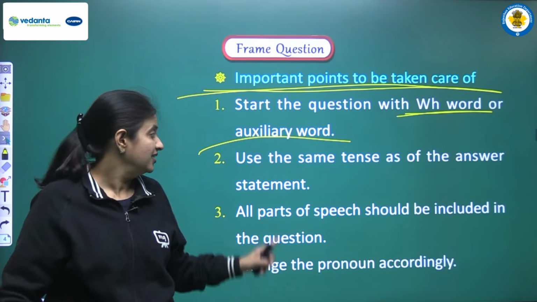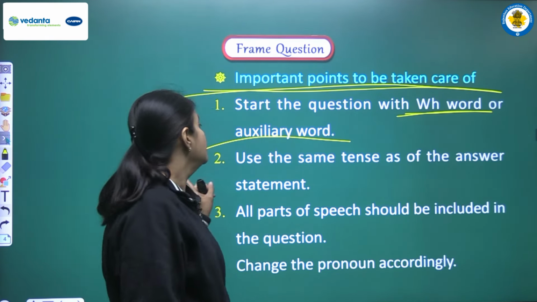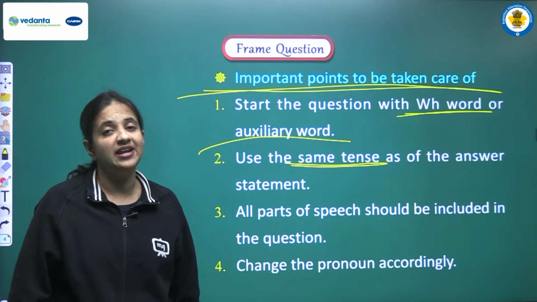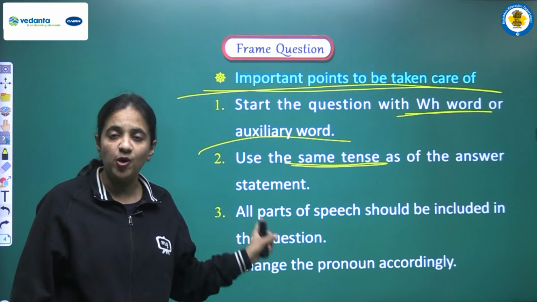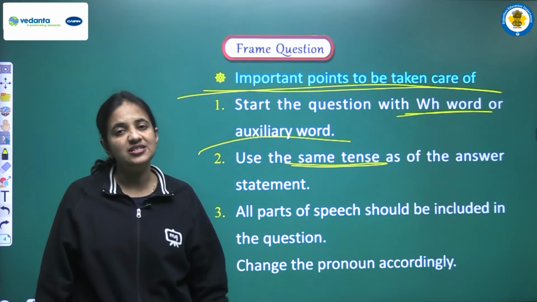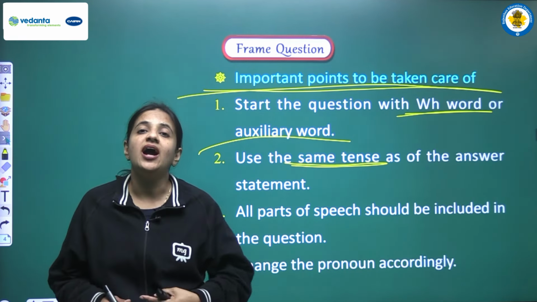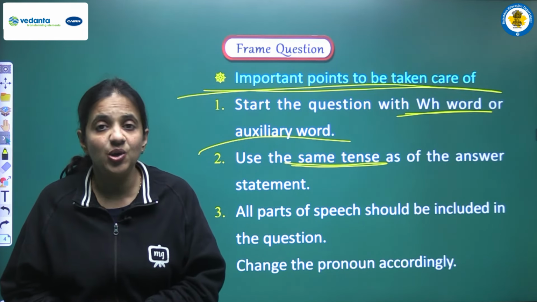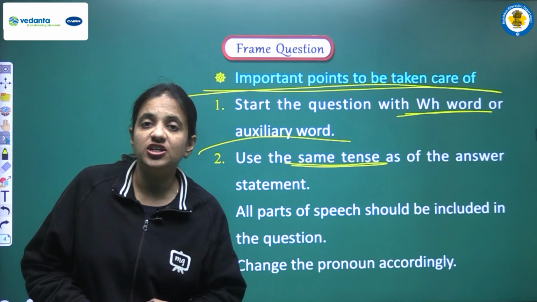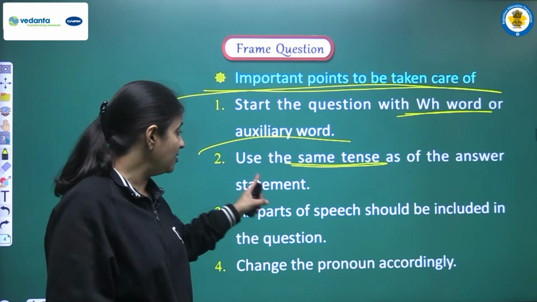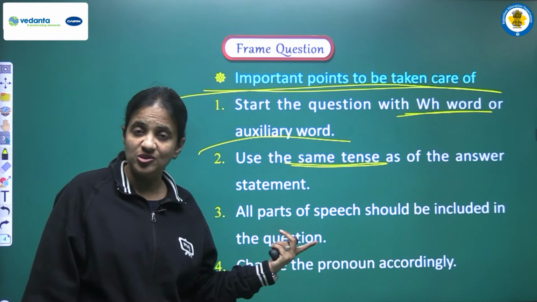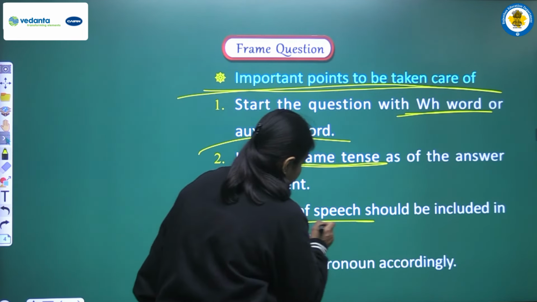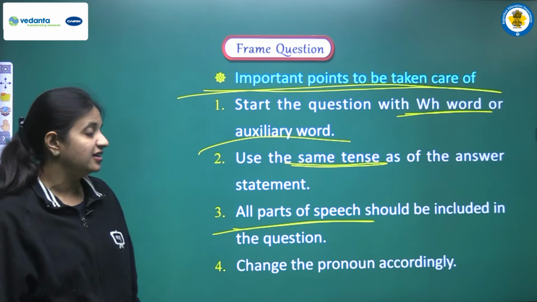Second important rule is, use the same tense as of the answer statement. It is a very important point. According to this point, when we are framing the question, we have to use the same tense that is used in the answer statement. So the same tense will be there in the question also. All right. Third point is, all parts of speech should be included in the question.